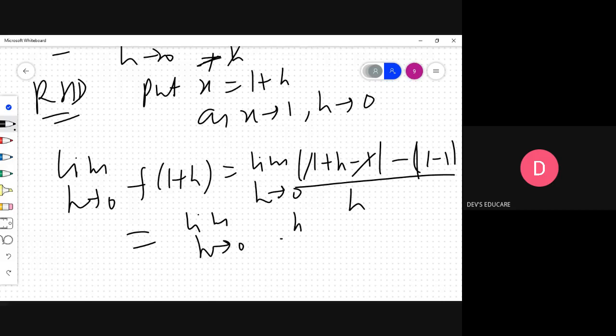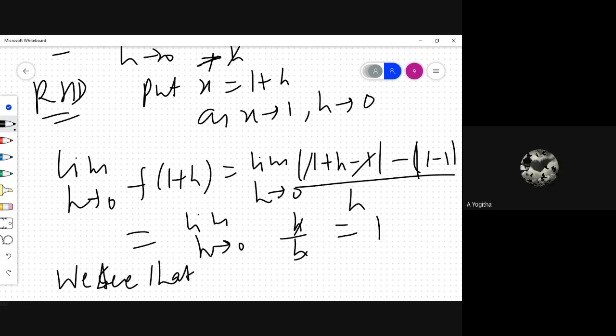So we see that LHD is not equal to RHD. Therefore, the function cannot be differentiable.